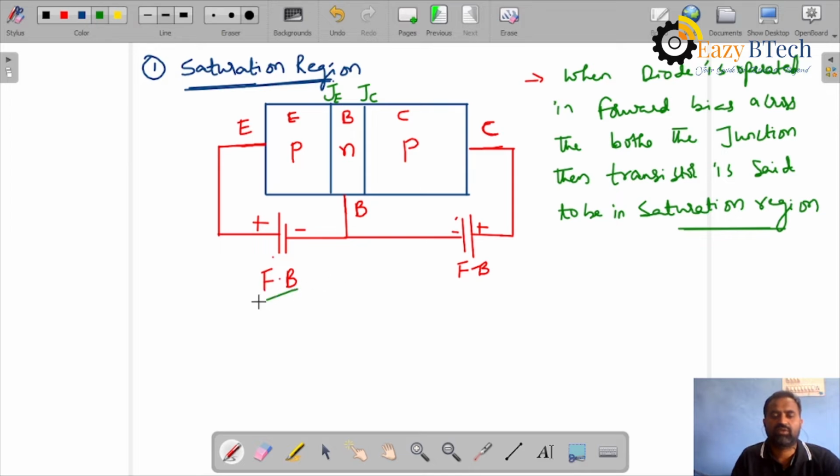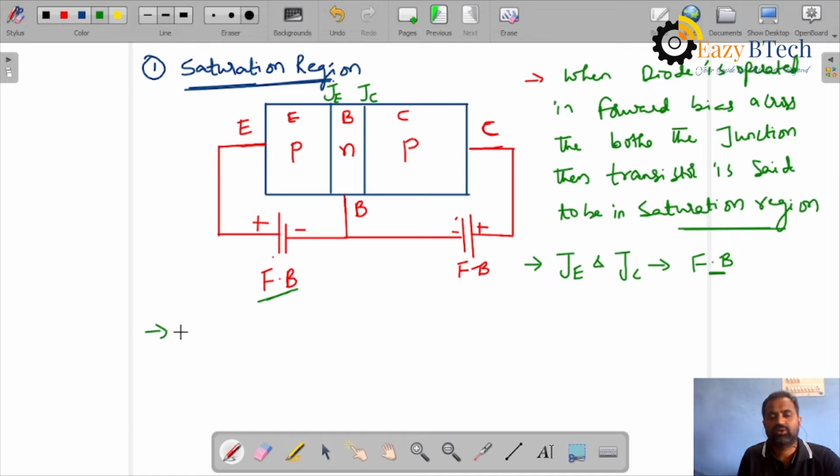The JE junction is forward biased, and clearly remember, both JE and JC are forward biased.